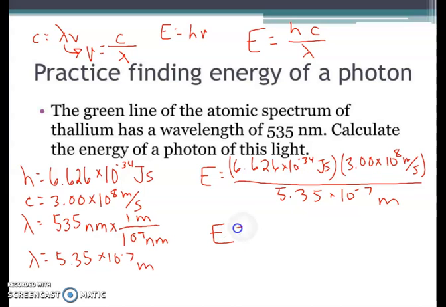So as we look at this, what we should find is that our seconds cancel out, our meters cancel out, so we're only left with joules, which is our unit of energy. We should have 3.72 times 10 to the negative 19th joules.